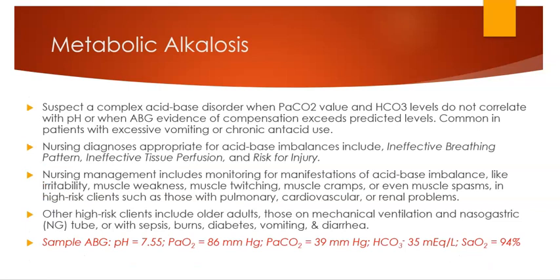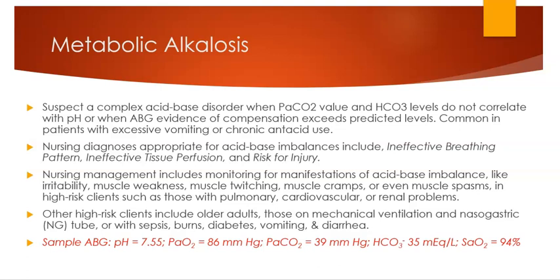Metabolic alkalosis is the last one we talk about, and this is when you have too much acid loss. If you think about what causes this, I think about a patient who is vomiting, excess vomiting. If you're throwing up the acid in your stomach, that acid leaves your body, so it leaves too much of a base. Why does this matter?